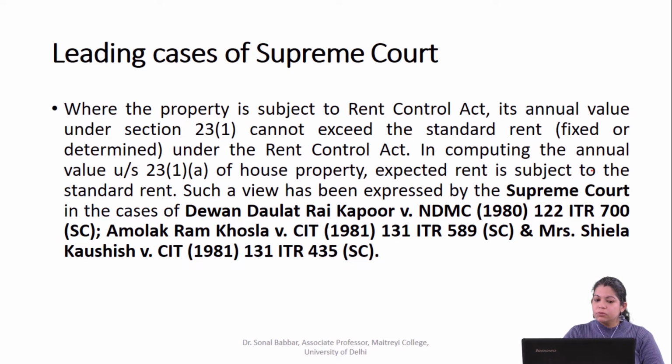In computing the annual value of a house property, expected rent is subject to the standard rent. So it cannot exceed the standard rent if the Rent Control Act is applicable on the area in which the property is located. This was decided in Sheila Kaushish versus CIT.